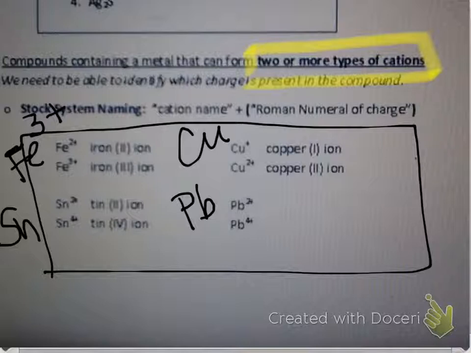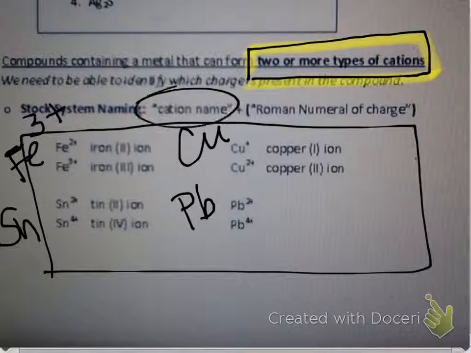How do I write that? In the Stock naming system, if you have a cation that could possibly have more than one charge, you indicate the charge of that cation in the compound by writing the cation name and then putting the charge of the cation using Roman numerals inside of parentheses.